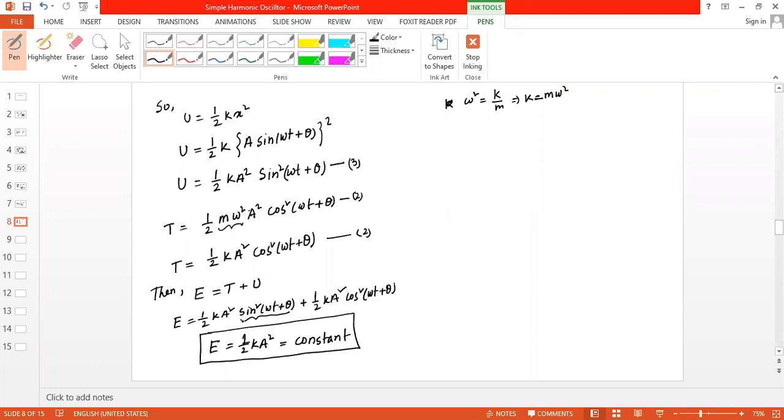So basically the total energy is constant for simple harmonic oscillation. If I want to plot the energy as a function of time, this is the energy.